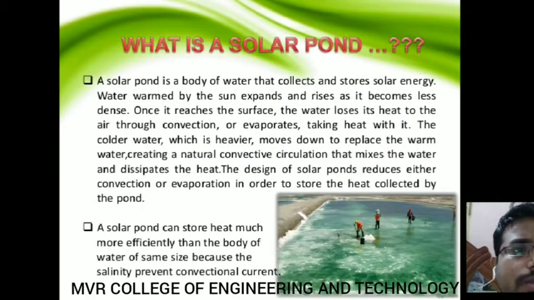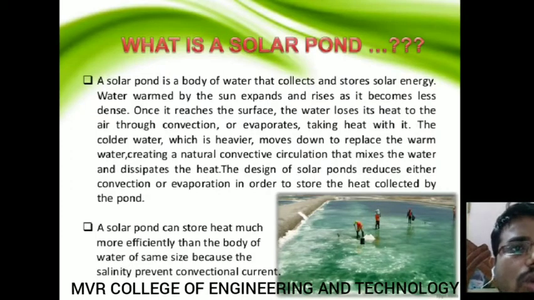So what is meant by a solar pond? A huge space is taken and constructed as a pond of water, and it is a body of water that collects solar energy. This pond of water is filled with salt. When the heated water reaches the surface, it loses its heat to the air through convection or evaporates, taking heat with it.